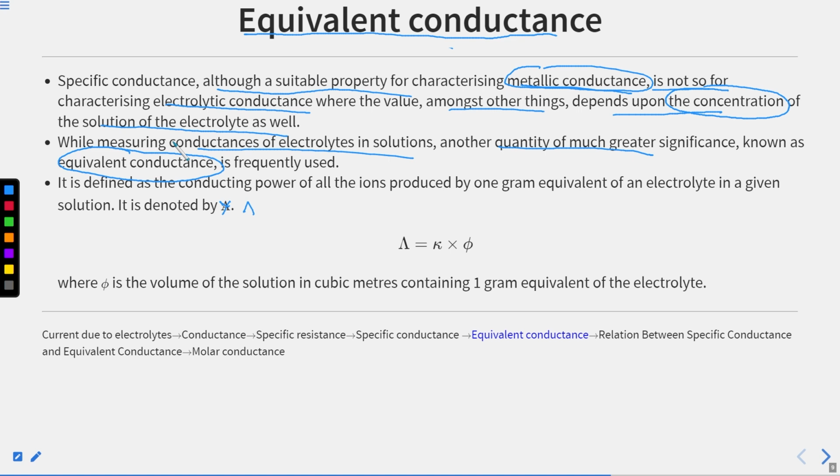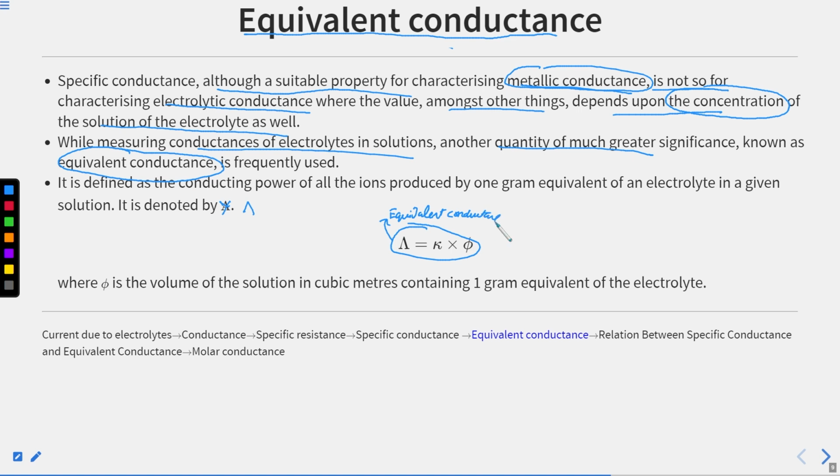The formula which is used to find this equivalent conductance is lambda equals K multiplied by phi, or kappa times phi, where lambda is the equivalent conductance which we are dealing with right now.